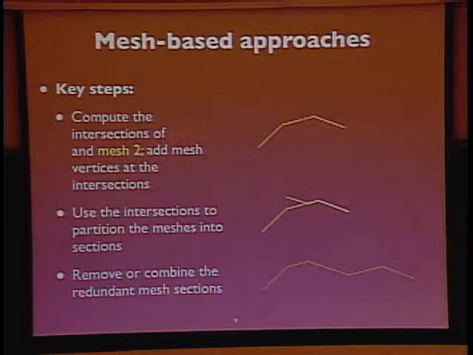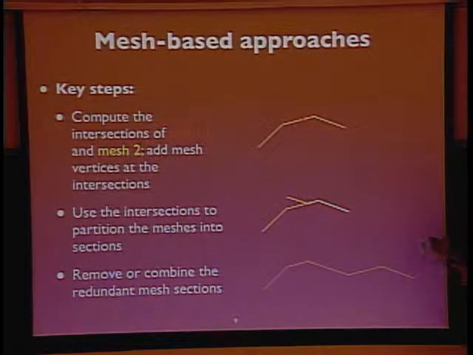So then, if you are able to reason about which of the partitions are intrinsic to the surface and which ones are redundant or overlapping, then you've reduced your problem of combining meshes to identifying what sections of the meshes are overlapping and then just removing them.